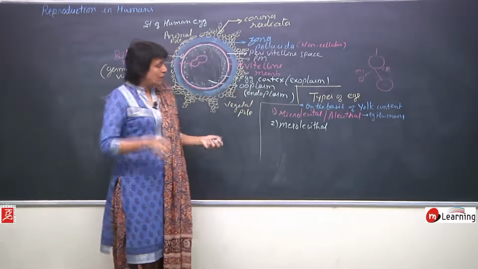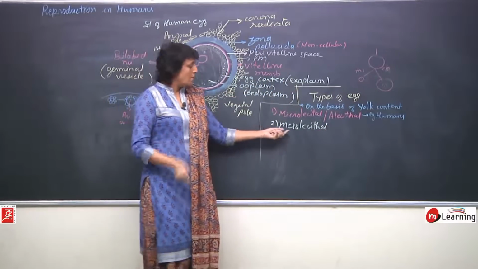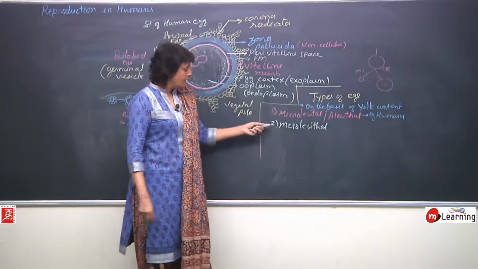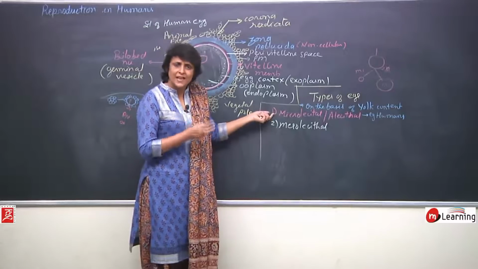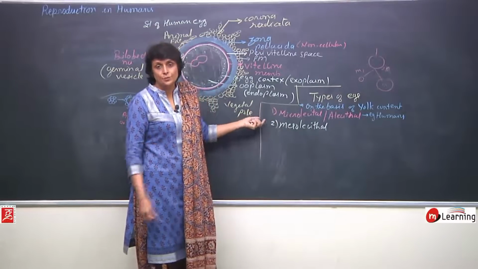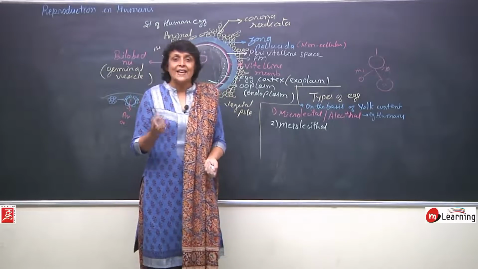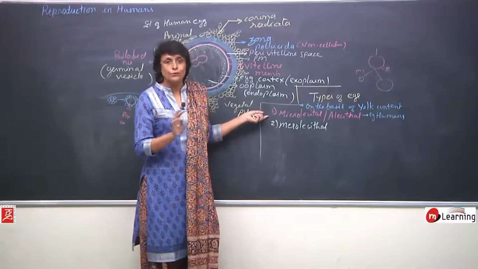Now, instead of trying to mug up the examples of all these types of eggs, if egg has no yolk or negligible yolk, what is the alternative to provide nourishment to the developing embryo? Obviously, it is that the mother is going to supply that nourishment throughout the period.